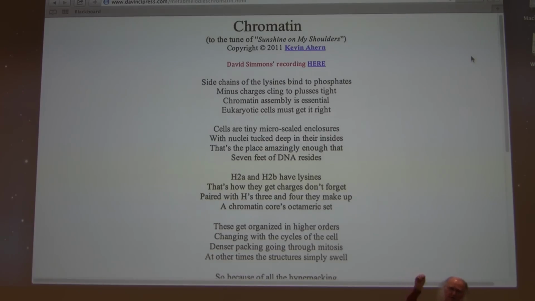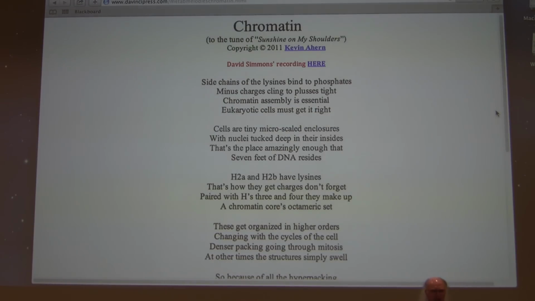Side chains of the lysines bind to phosphates. Minus charges cling to pluses tight. Chromatin assembly is essential. Eukaryotic cells must get it right. Cells are tiny micro-scaled enclosures with nuclei tucked deep in their insides.